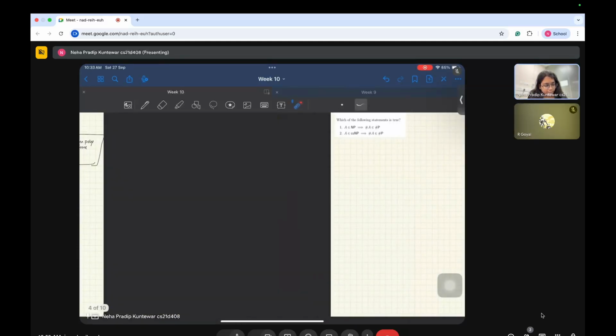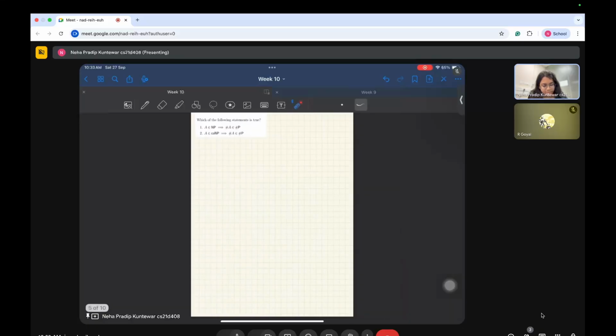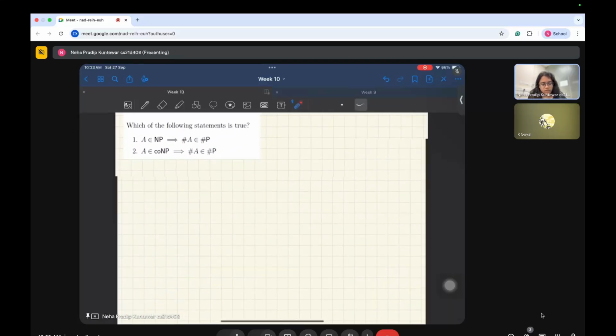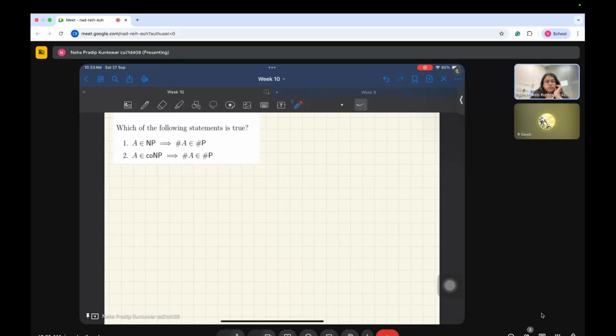So if A is an element of NP, this would imply that sharp A is an element of sharp P. What would be the meaning of sharp A?